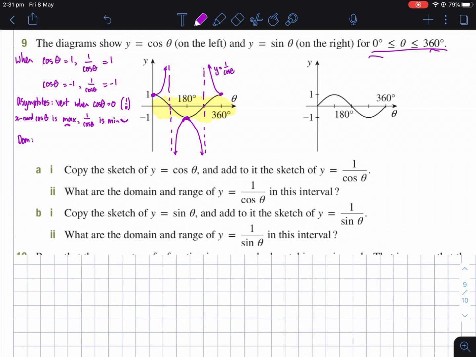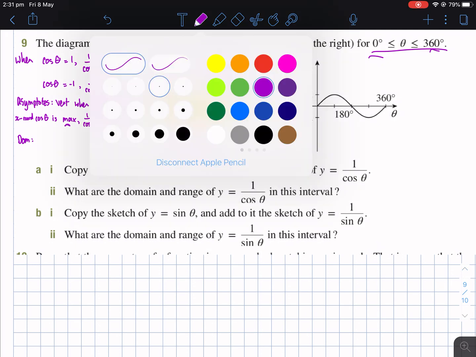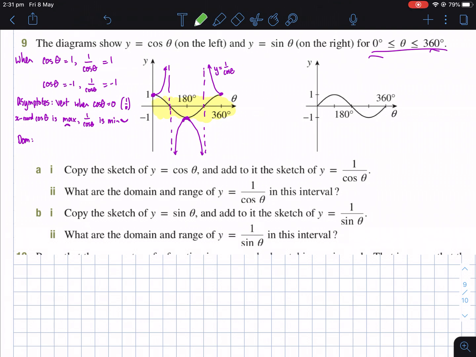When we're thinking domain, are there any values that 1 on cos theta never equals? Well, it's when... So these points were 90 degrees and 270 degrees.